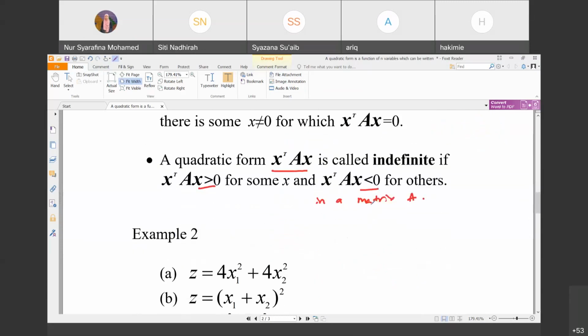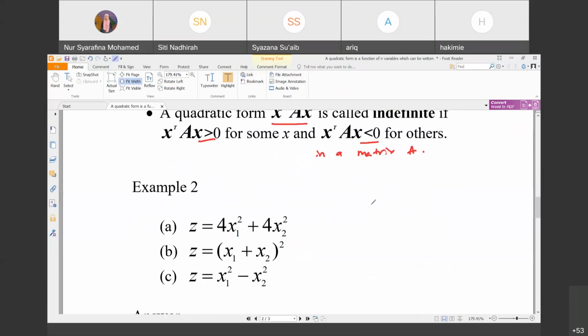Right? Okay. So for this case, this is quite hard because we just want to take a look at the function. Okay. So now for the first one, 4x1 squared plus 4x1 squared. All values should be positive here because there is a square and there is a plus. Then we can conclude that this z is positive definite.